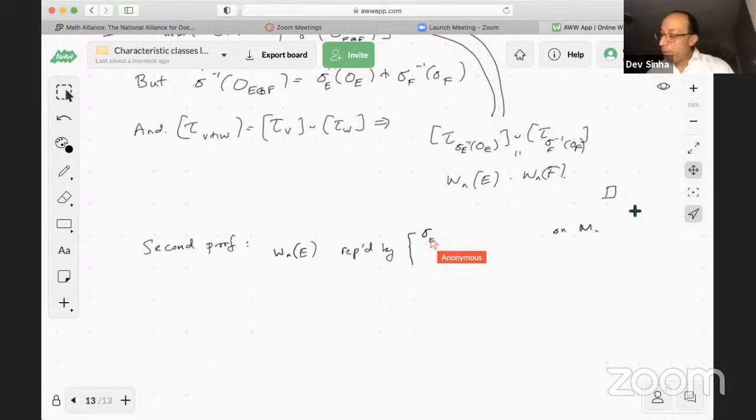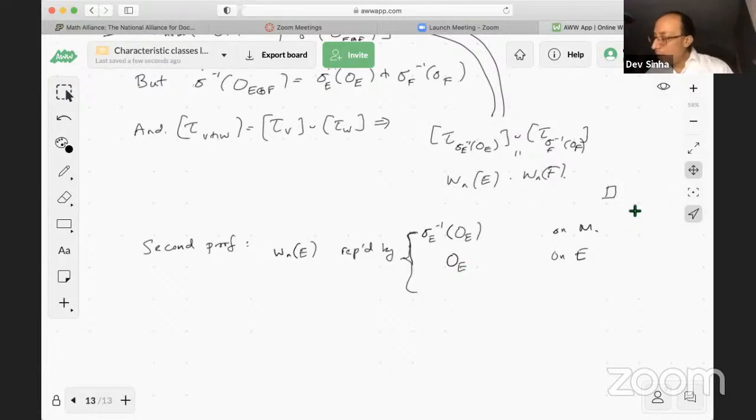So we just took a section of E that's transverse to the zero section and looked at the preimage of the zero section, and then the Thom cochain of that is the representative on M. The way to see that, the immediate definition we gave, is that the zero section on E is the canonical representative, so then we pull it back to M.